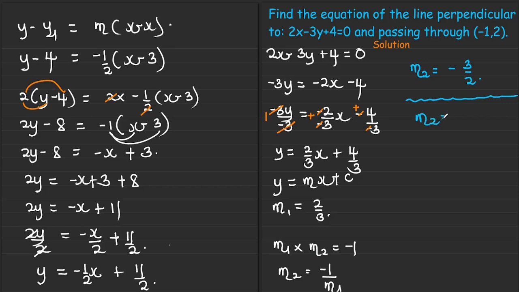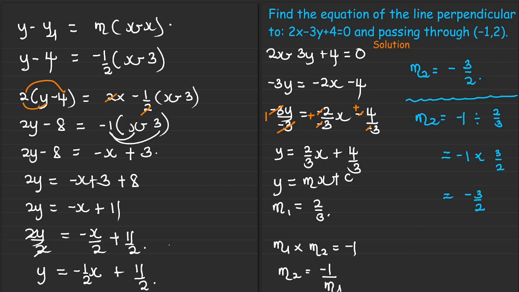So your m2 equals negative 1 divided by m1, which is 2 over 3. Simplifying, we have negative 1 times, and we know when we want to divide by a fraction, we multiply and reciprocate. So 3 over 2, which gives us negative 3 over 2, which is the same as what we have over here.